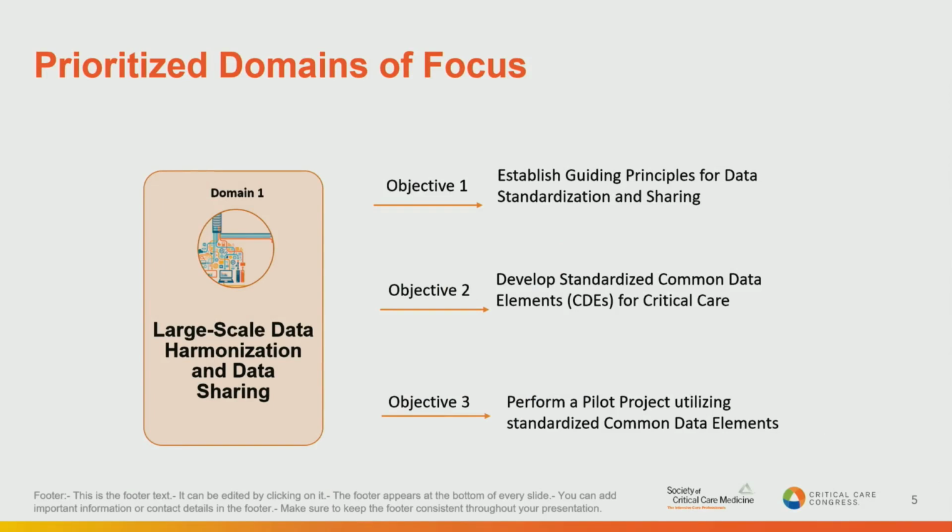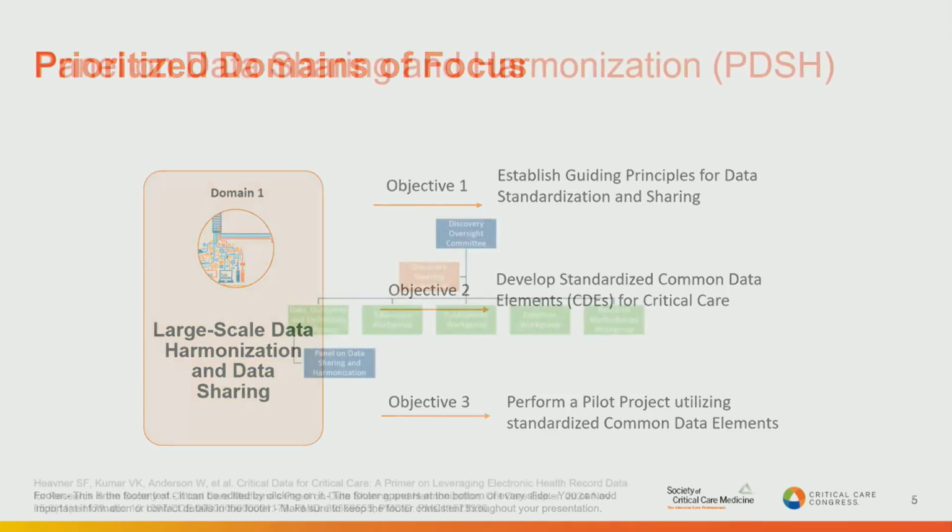One was to establish principles for the society for how we think about data sharing and data harmonization across our partners, our scientists, and our health systems that participate in the society. We wanted to build and standardize a set of common data elements critical to the core of all research studies. And objective 3, which is still ongoing, is to demonstrate some pilot projects leveraging both those guiding principles and the use of the common data elements we develop.